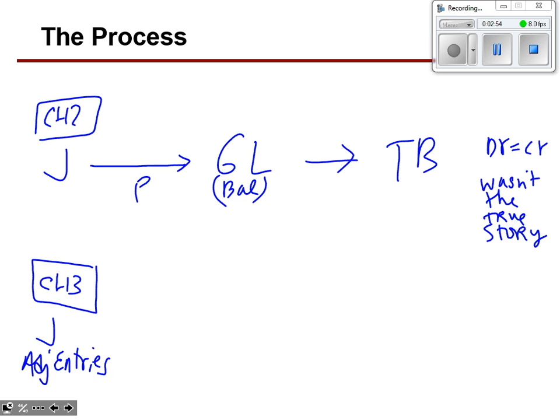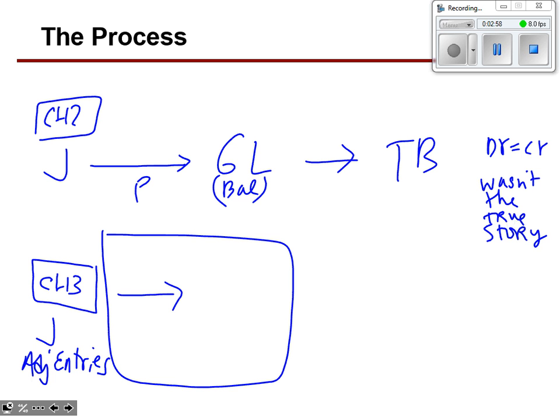One thing we won't do is this process. We're not going to post to a general ledger. They're just going to give you balances. All of those updates will be given. Okay, so it's the book's way of saying you did it last time, so we're not going to keep doing it.